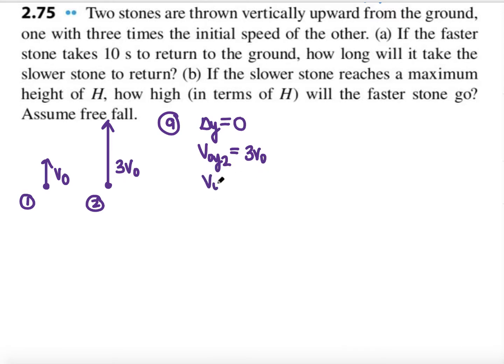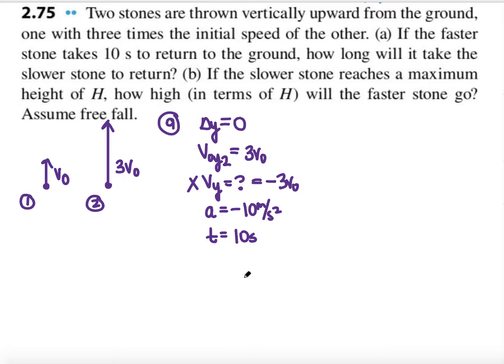Now our Vy is technically unknown, but we could say that it's negative 3v initial. Our acceleration is just from gravity, so negative 10. And our time for this first stone is 10 seconds. So let's not use our final velocity here, and let's go ahead and use our other information.